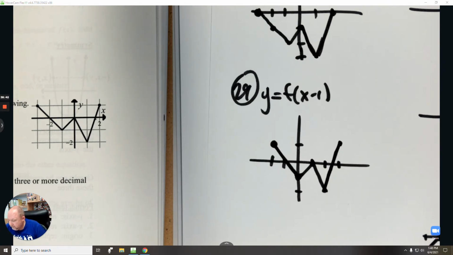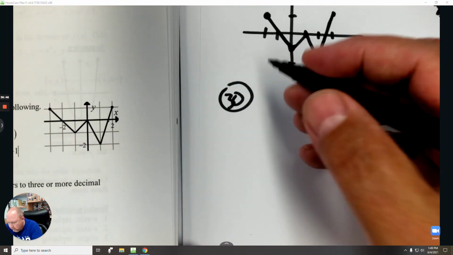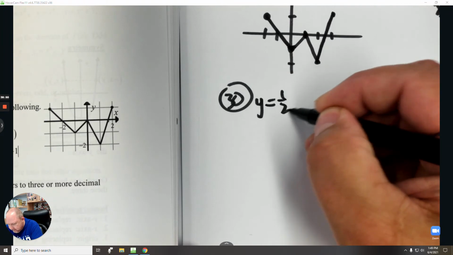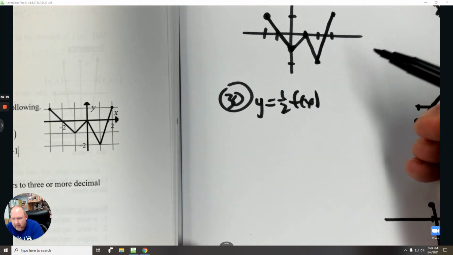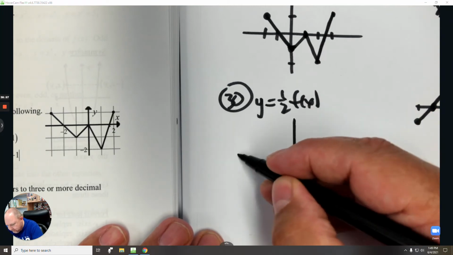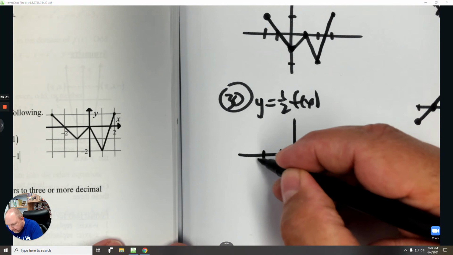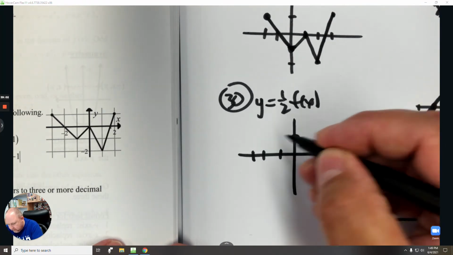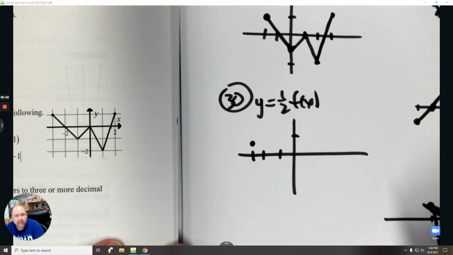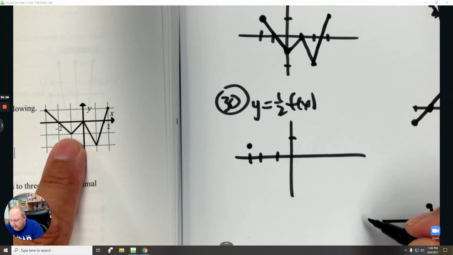All right, number 30. In question number 30, 1/2 f of x. That's taking the y values only and halving them. So let's see what that looks like on the graph. If I halve the y values, so it's negative 3, but now it's just half because it's been halved. Here, it's negative 1 and a half.